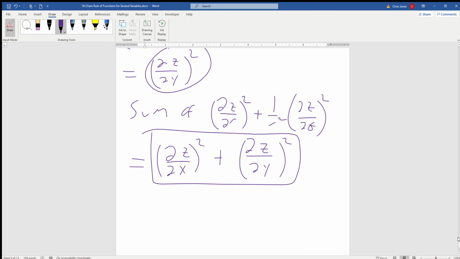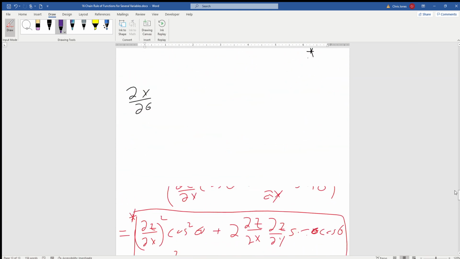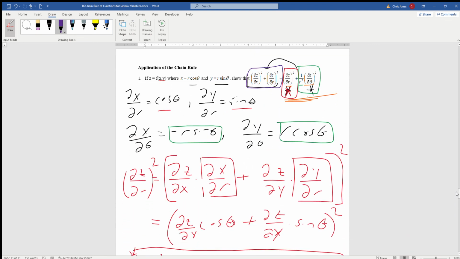All right, so again, this is an application that we can utilize of our chain rule to be able to verify partial differentials. And remember, this is true for any function z of x, y, as long as x is parameterized as r cos theta and y is parameterized as r sine theta.